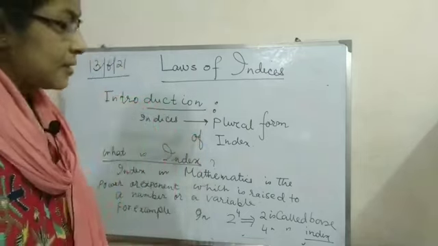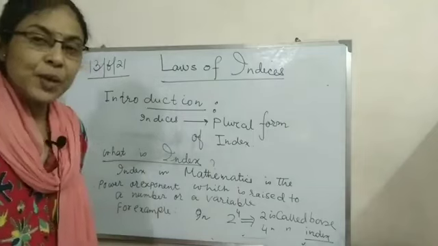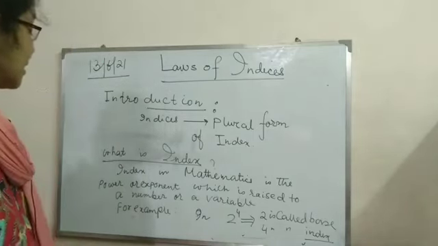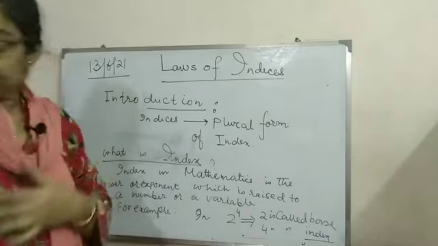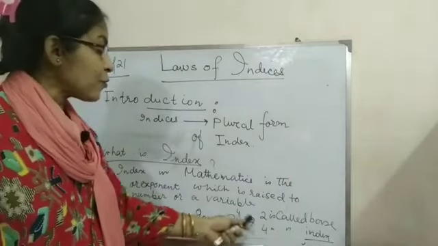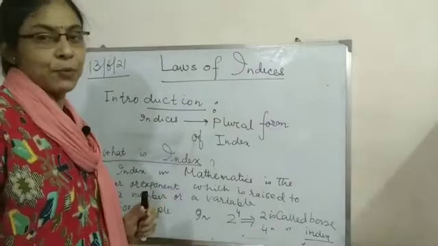Index is the power or exponent which is raised to a number or a variable in mathematics. For example, if I write 2 to the power 4, then here 2 is called the base and 4 is called the index or power or exponent.